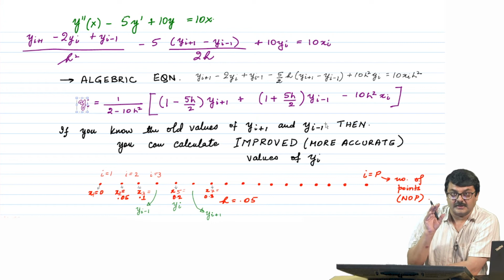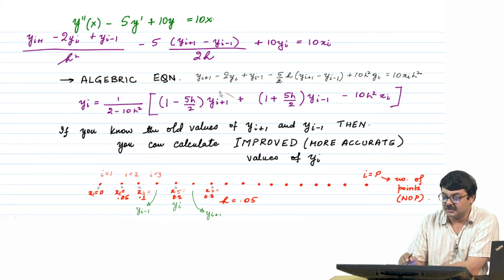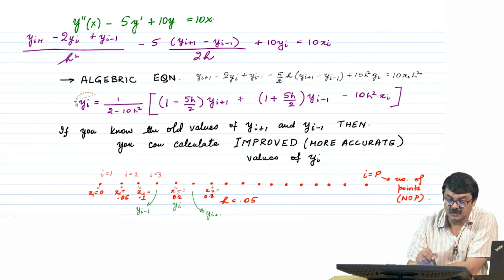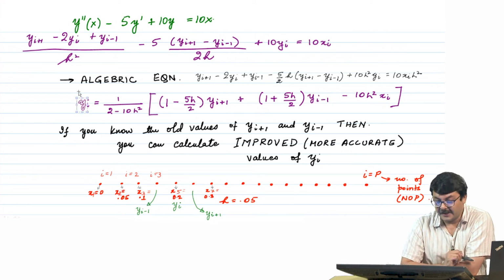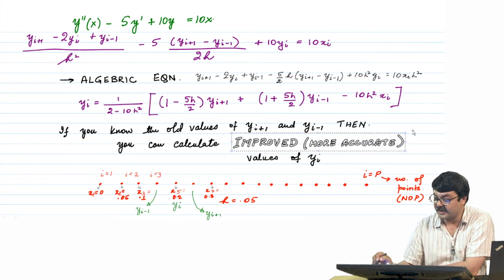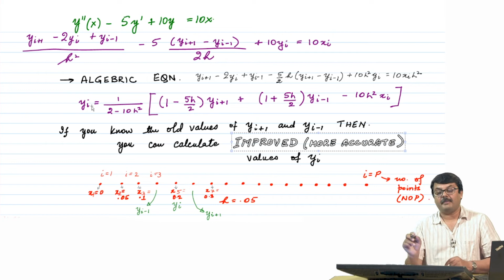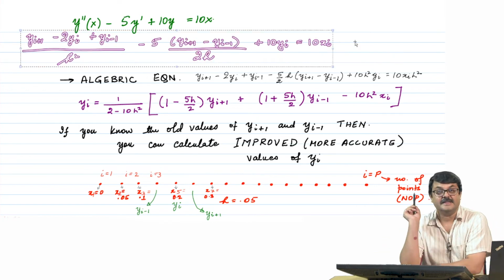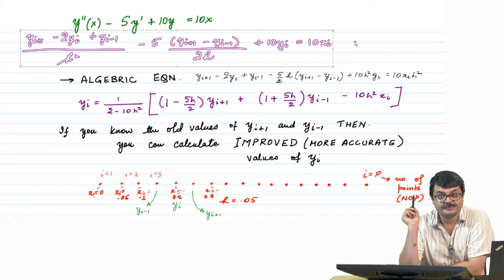So, that is the aim, and with that aim, with a trial solution, you knew the value of y I plus 1 and y I minus 1. Then you could calculate an improved, more accurate value of y I by solving this so-called difference equation.